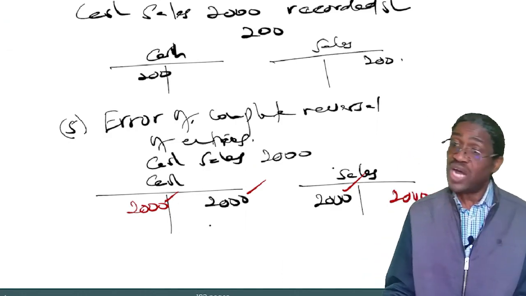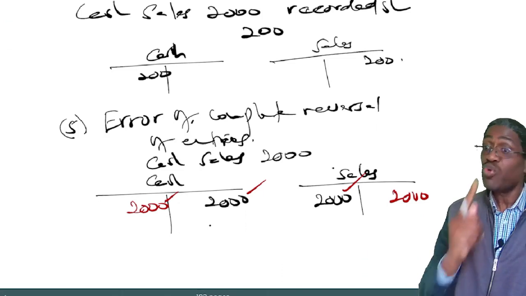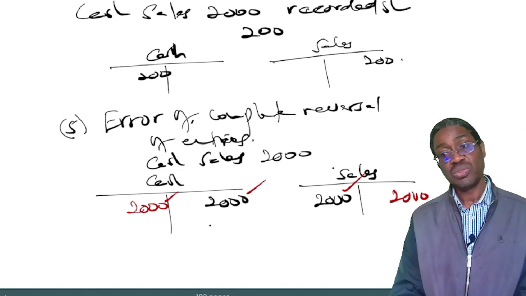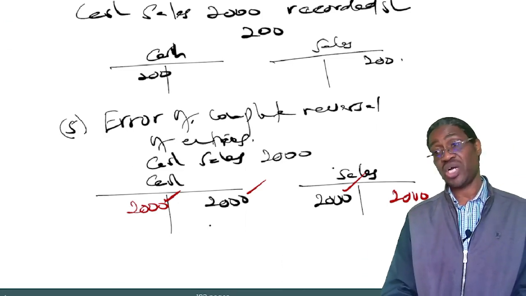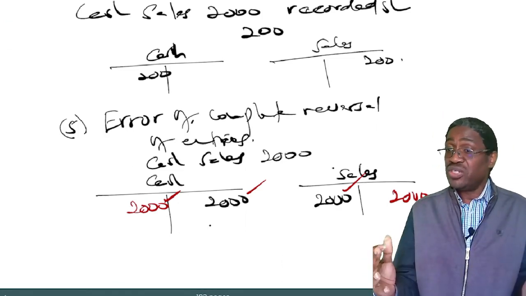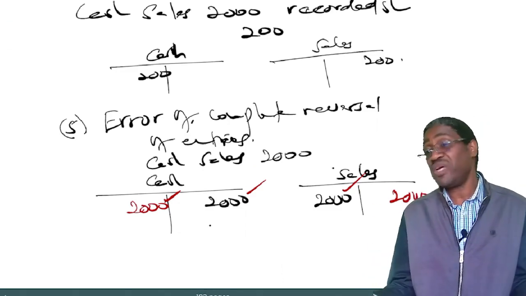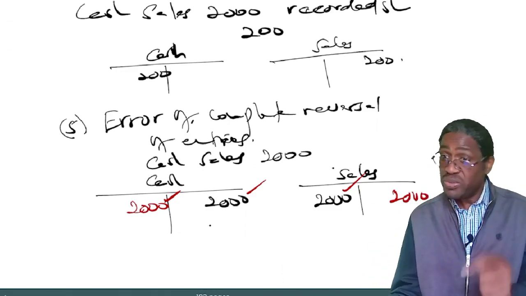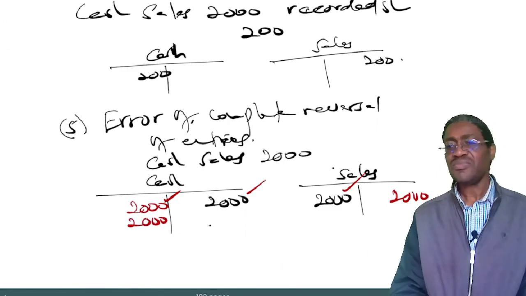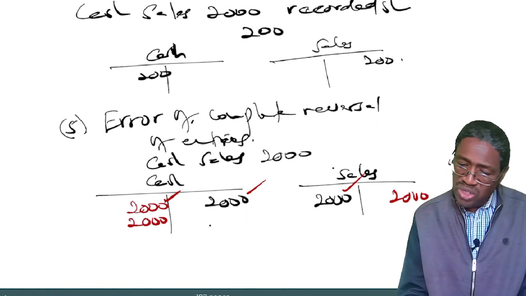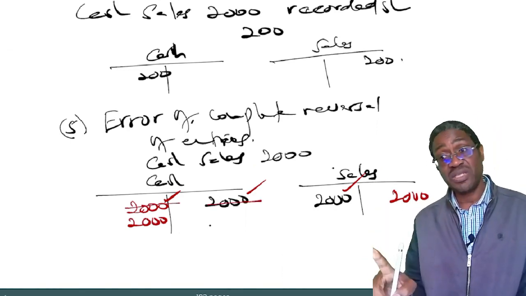Because if you do that, you have only cancelled the error. But have you corrected it? No. If you just debit 2,000 in the cash account, that new debit will cancel the credit, and therefore it's like you have not made any entry in the cash book. Which means you should now debit by another 2,000, so that one of them cancels the error, the other entry corrects the error.